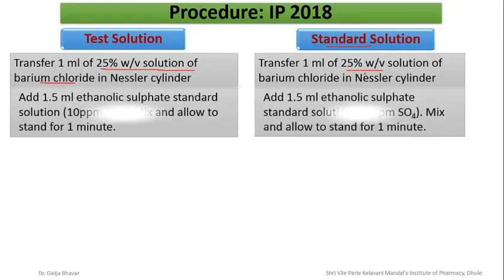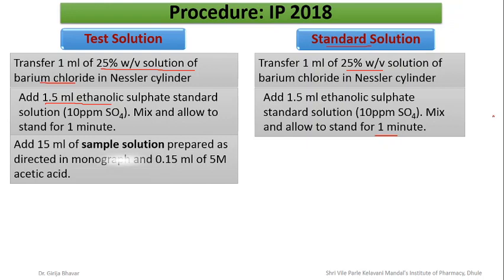Then in both the Nessler cylinders, add 1.5 ml of ethanolic sulfate standard solution containing 10 ppm of sulfate. Mix and allow to stand for 1 minute. Then in the test solution, add 15 ml of sample solution prepared as directed in the monograph and 0.15 ml of 5 molar acetic acid.